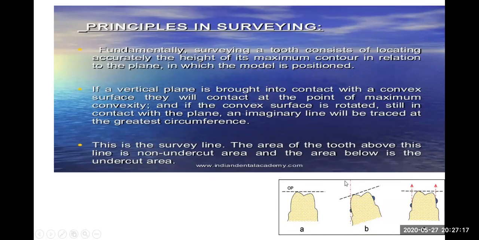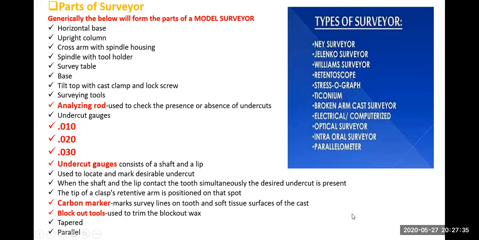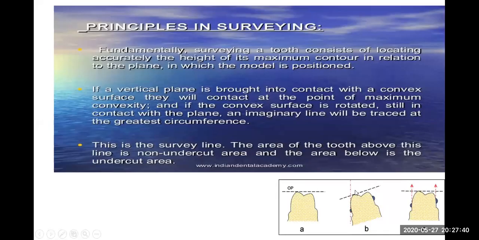So what surveying is doing is to be able to define the undercut area and non-undercut area if a straight object is placed on a tooth to make contact on the most bulbous aspect in relation to the occlusal plane. So once you place a straight object making contact with the most bulbous area, every area above that point of contact is called non-undercut area.